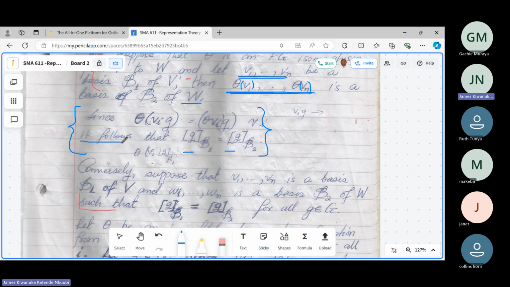It's been stated rather casually here that these two matrices must be equal. So this first matrix B1 is the one which is determined by this map. V is the one sent to VG. The matrix for this map.